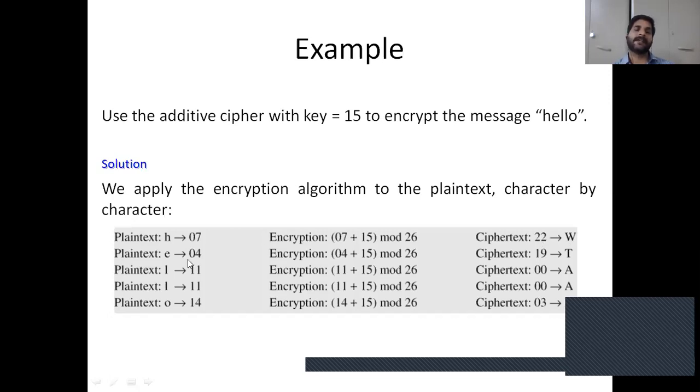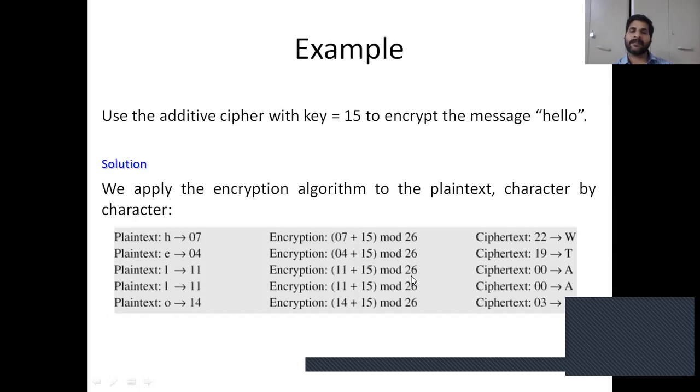Similarly, E has location 4 in the alphabet index. Encryption: 4 plus 15 mod 26 gives ciphertext 19, which is T. Plain text L has index 11. So encryption is 11 plus 15 mod 26.